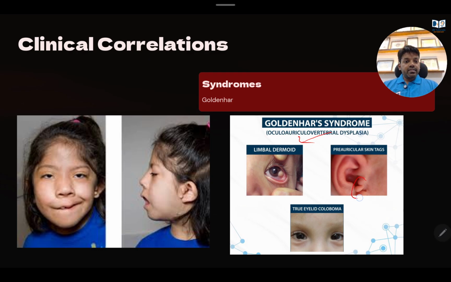Then the preauricular skin tags are there, which are related to the ear. And also the upper eyelid coloboma. Basically the eyelid itself is missing; some part of the eyelid is missing, the skin is not completely formed. That is called an eyelid coloboma. So this is also Goldenhar syndrome.